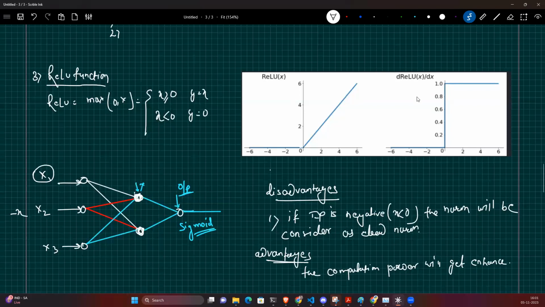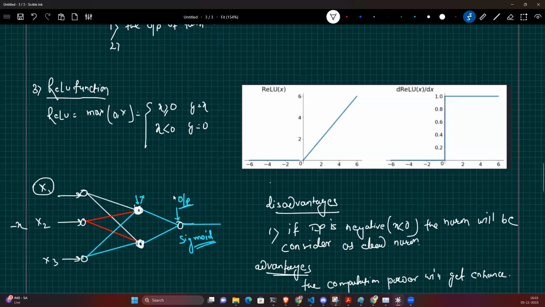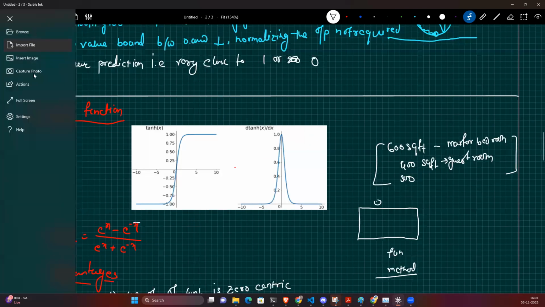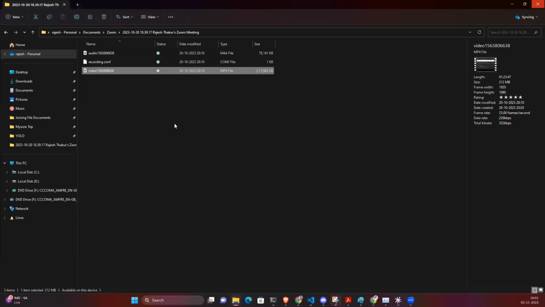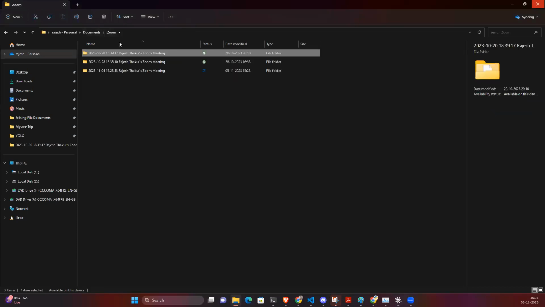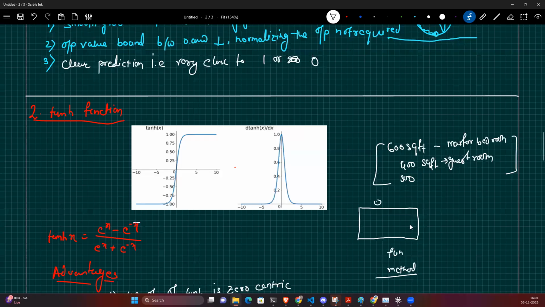And that is what I'm telling, it is like a step function. The chain rule, we have seen in our last class, right? There we are going to apply the differentiation. So in that case, we need the differentiation of this function.